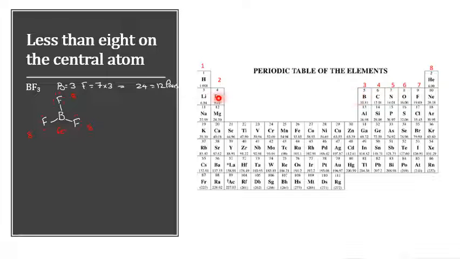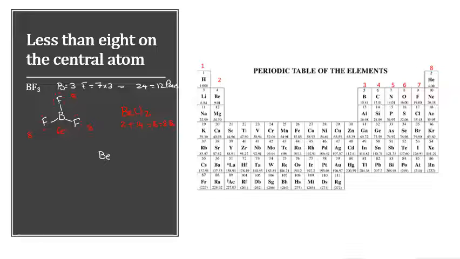You can take another example, beryllium chloride, BeCl2. Beryllium has 2 valence electrons because it is in the second group. Chlorine has 7 because it is in the 17th group, and we have 2 of them, so total 16 electrons, so that means 8 pairs. How can we draw it?